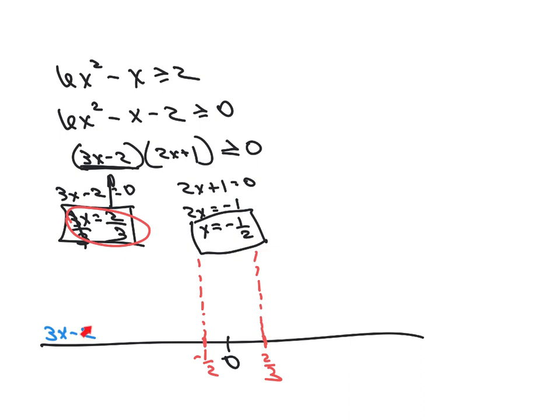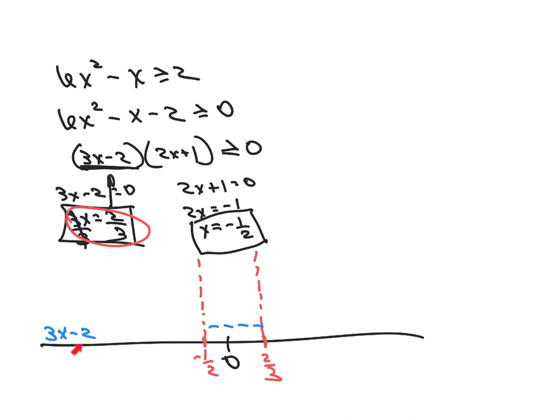So that means that my 3x minus 2 is going to be negative in there. So let's do that in blue. So these numbers in here are all going to give me a negative when I plug them in for x, multiply by 3, and subtract 2. Okay, let's pick a number over here.